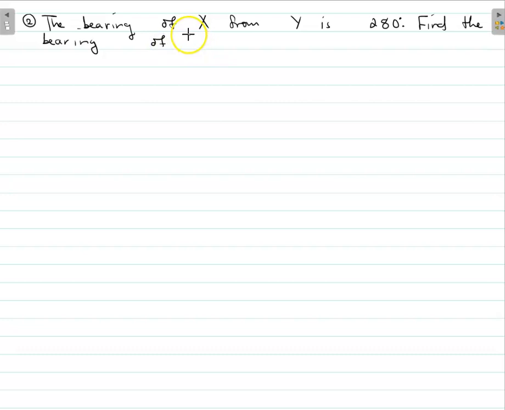Let me use another number here. Let me say 120 degrees for now. So the bearing of x from y is 120 degrees.